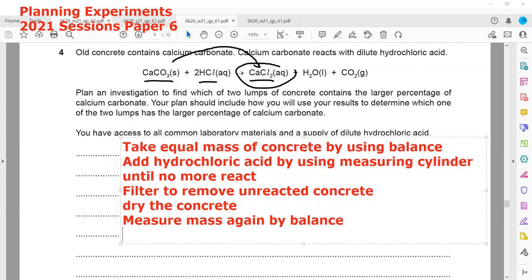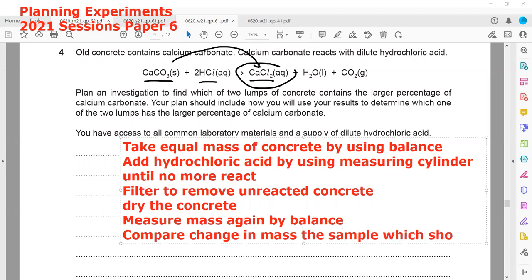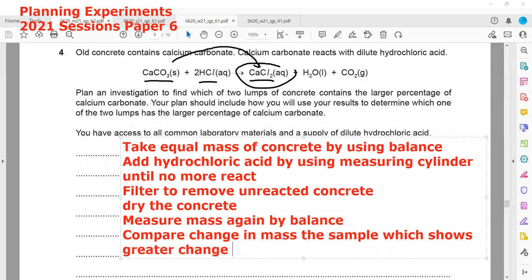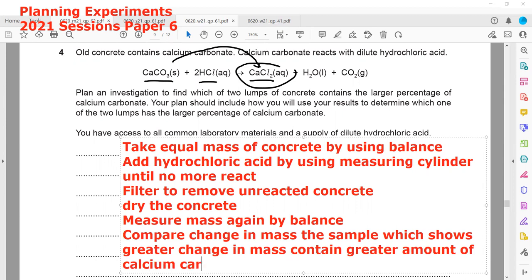So we'll compare the change in mass. The sample which shows the greater change in mass contains the greater amount of calcium carbonate.